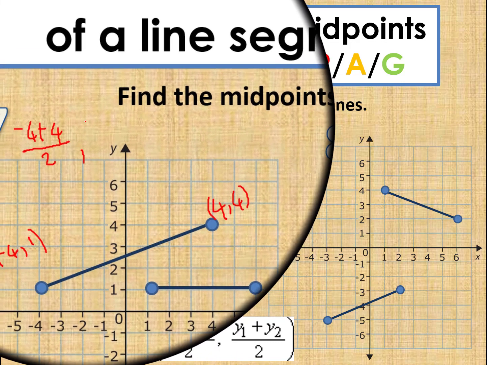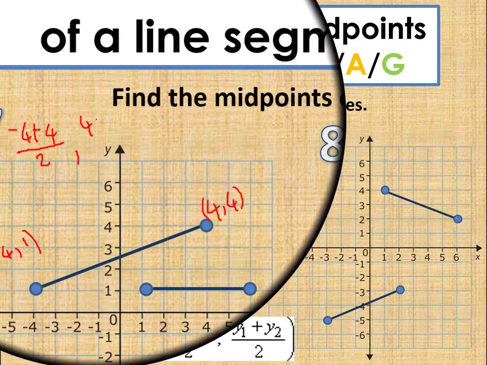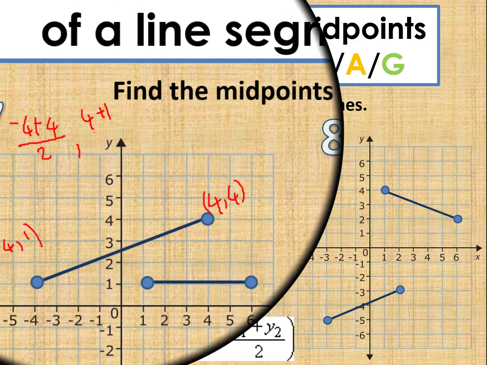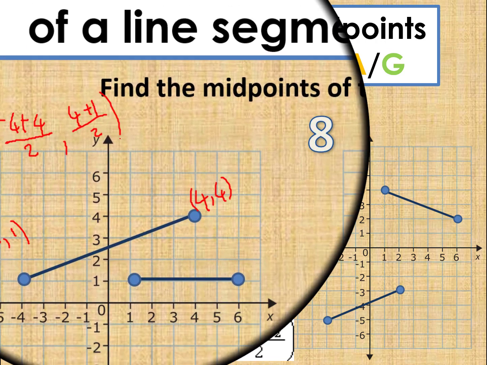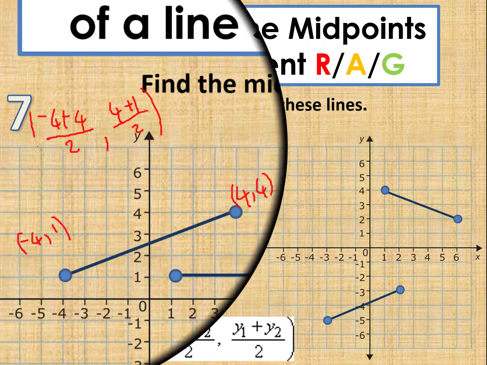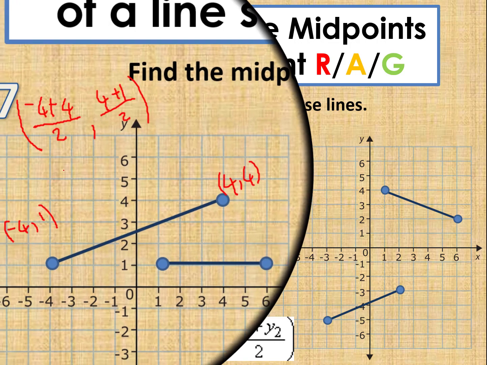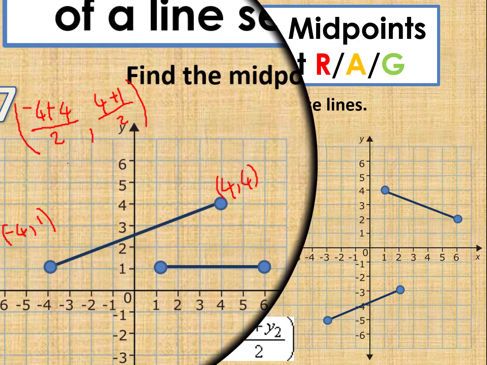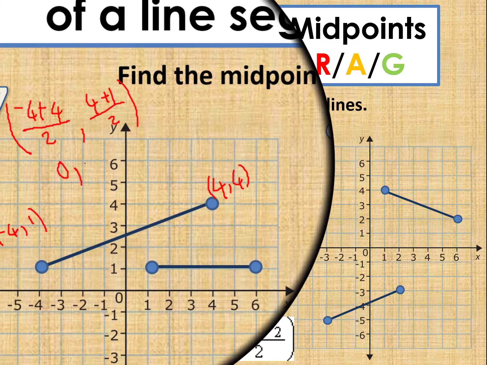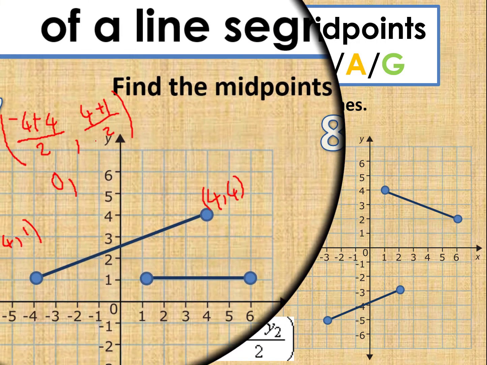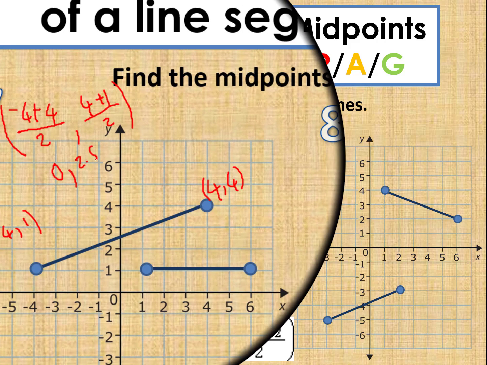And then you've got 4 add 1. Because you're adding numbers, it doesn't matter which way round you do it, because addition is commutative. And that means 1 add 4 is the same as 4 add 1. So -4 add 4 is 0, and 0 divided by 2 is 0. That's 5. 5 divided by 2 is 2.5.